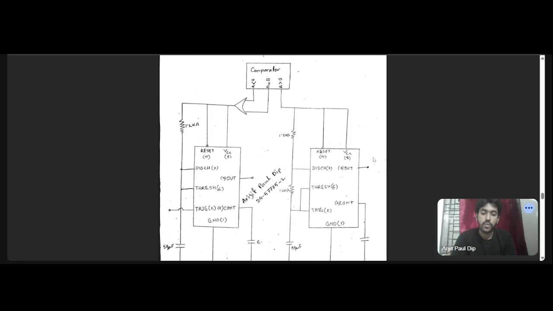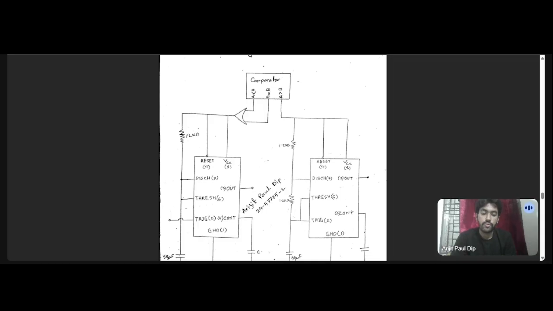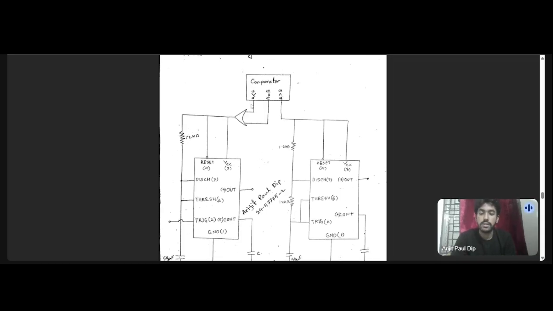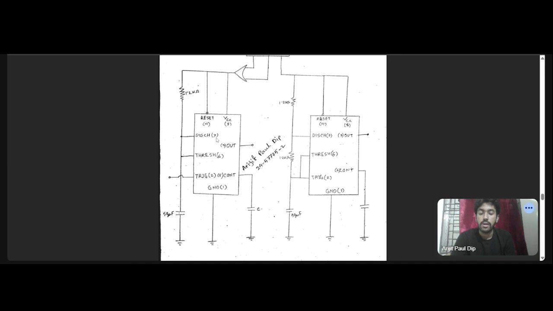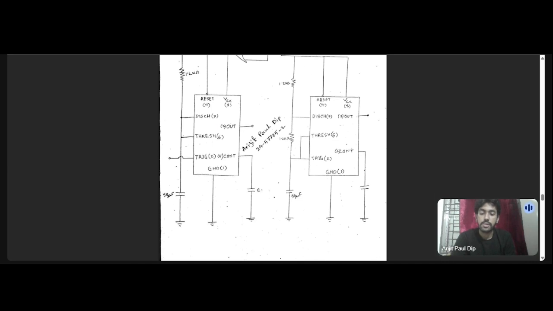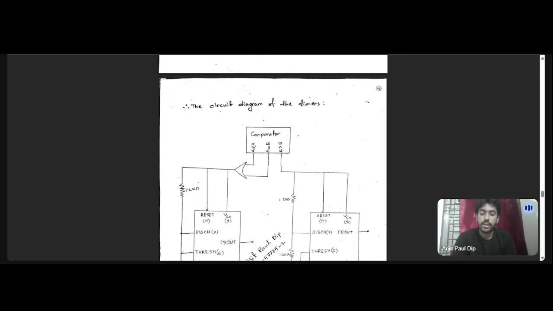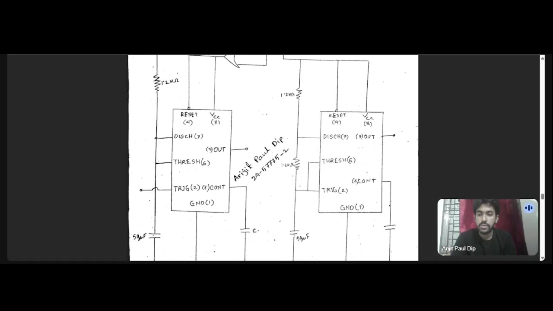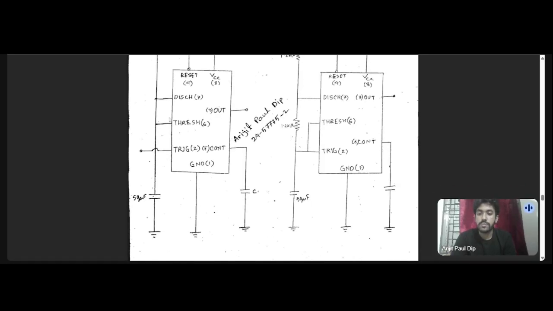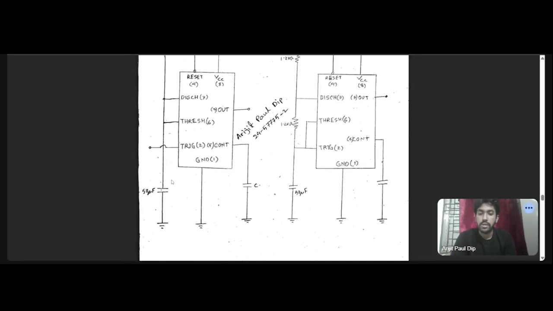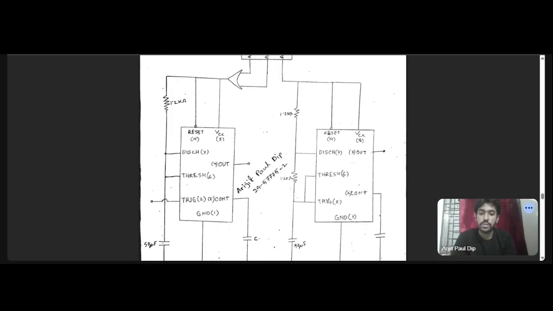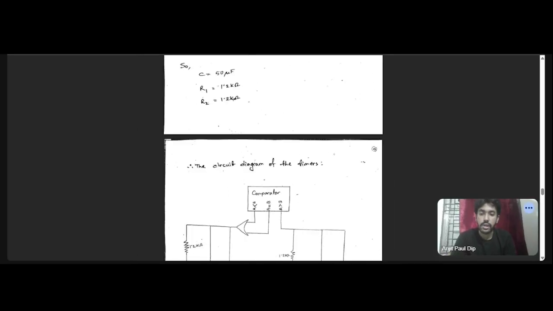So we show the writing full with no blinking, and when it's not the case, that means A is less than B or A equals B, then the astable timer circuit gets activated. And here we can see we have used 1.2 kilo ohms and 50 microfarads. So how do you come to these values? These were not given, right?